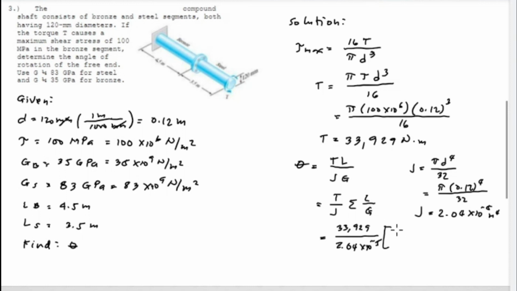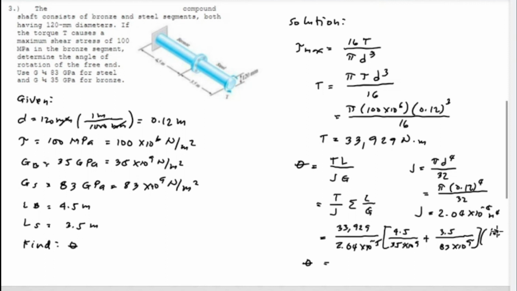And the summation for bronze and steel, we have L for bronze, which is 4.5 meters, and the shear modulus for bronze, which is 35 times 10 to the power 9, plus the length for steel, which is 3.5 meters, and we divide by the shear modulus for steel, which is 83 times 10 to the power 9, and we compute to find the value for theta, and we need to have a value for angle, so we convert the value in terms of angle.